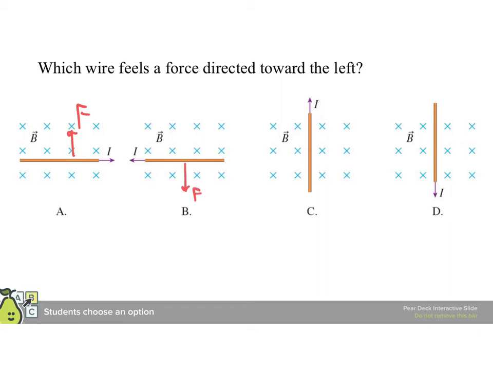If we have upward crossed into the board, we actually do get the leftward. And then, of course, if we flip the I again, we get the flip of the force by flipping one vector. Flipping one vector will do it, whichever one we flipped.